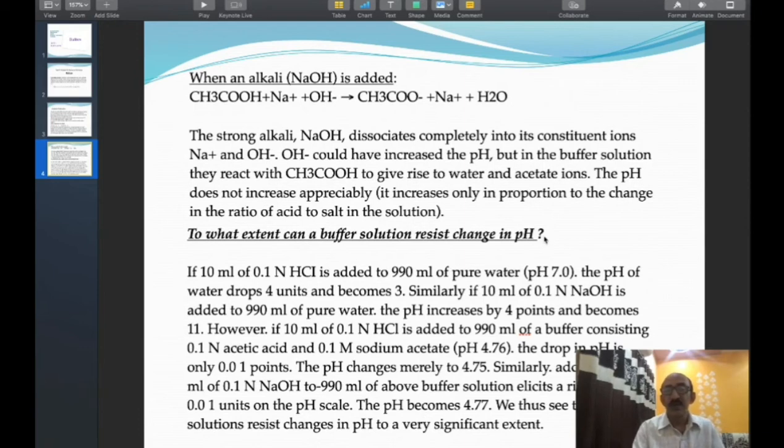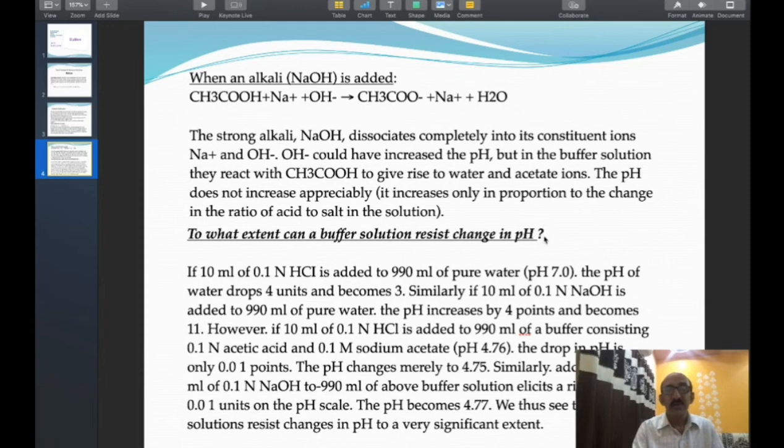Previously, we had taken distilled water. Now, in that buffer solution, add 10 ml of 0.1 normal HCl, the same volume which was previously added. So 0.1 normal HCl when added in water decreased the pH from 7 to 3.